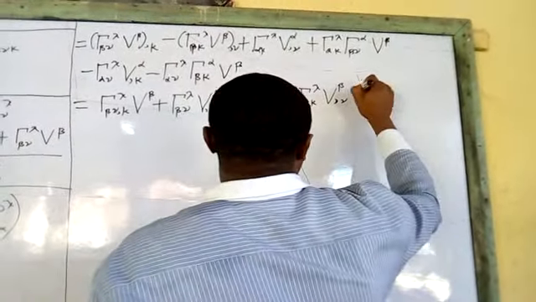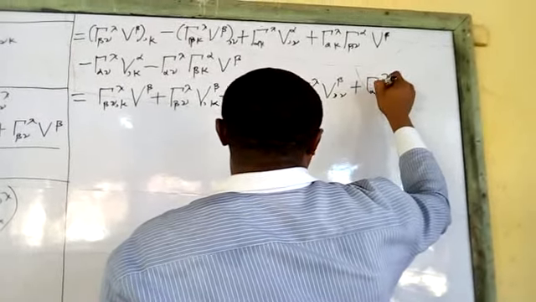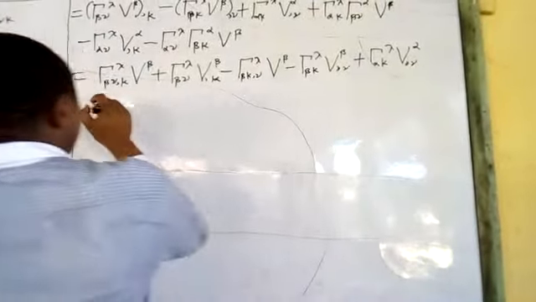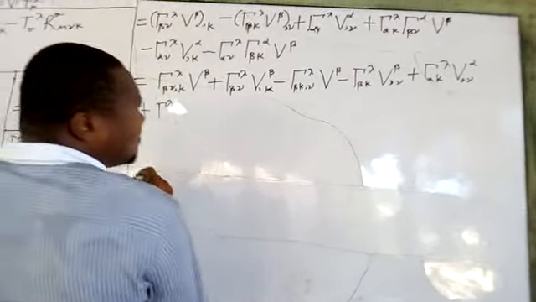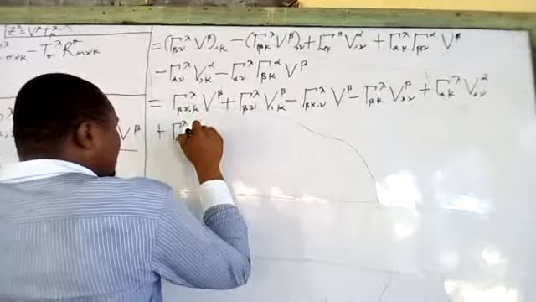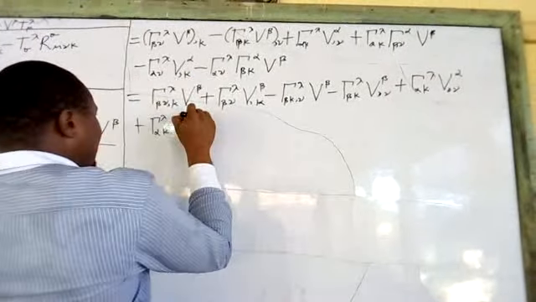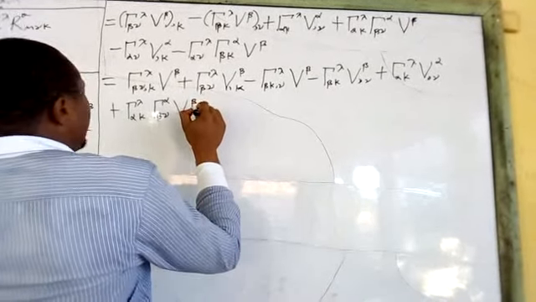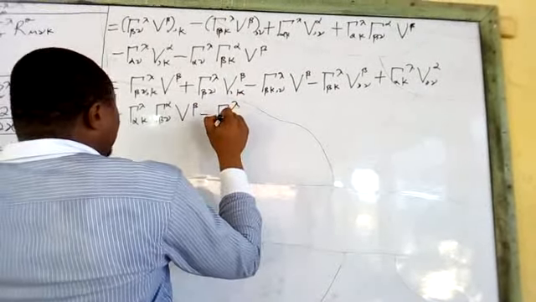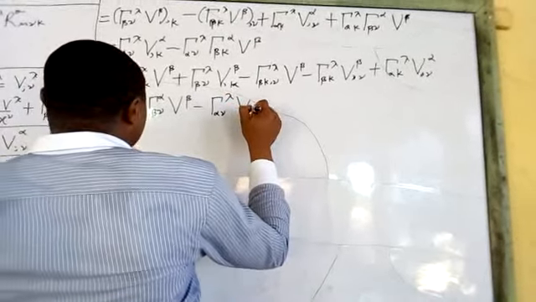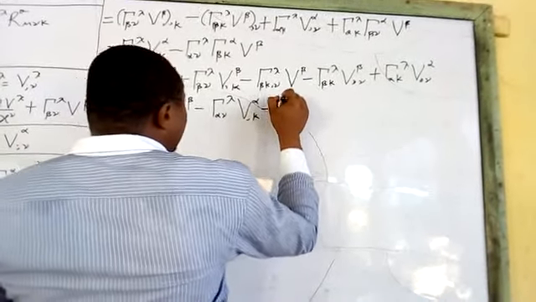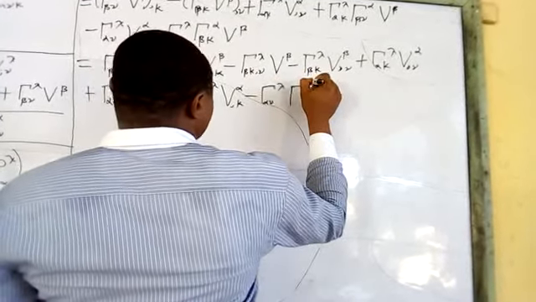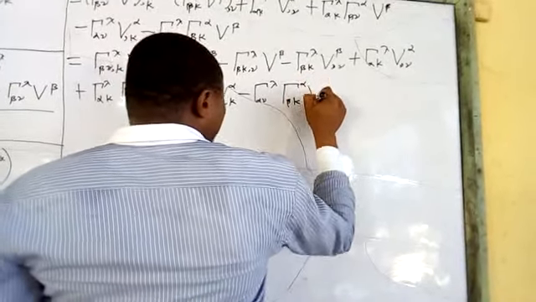Again, at this point, I have plus Gamma^lambda_alpha kappa V^alpha comma nu, plus Gamma^lambda_alpha kappa and then Gamma^alpha_beta nu V^beta, minus Gamma^lambda_alpha nu V^alpha comma kappa, minus Gamma^lambda_alpha nu and then again Gamma^alpha_beta kappa V^beta.